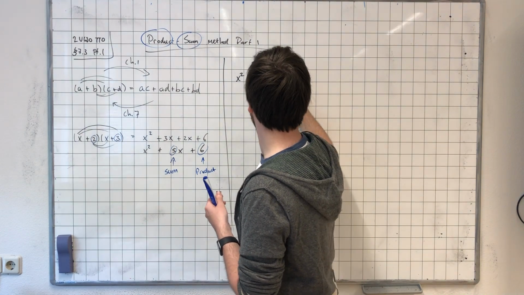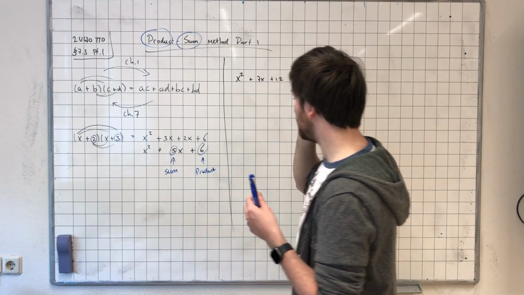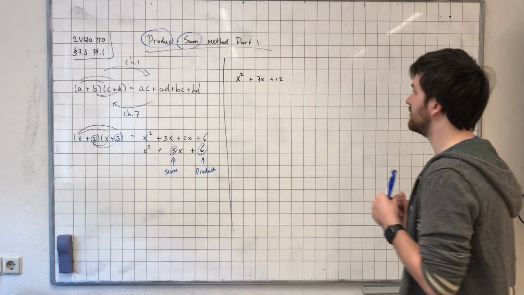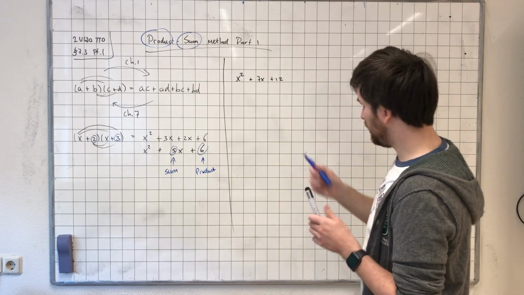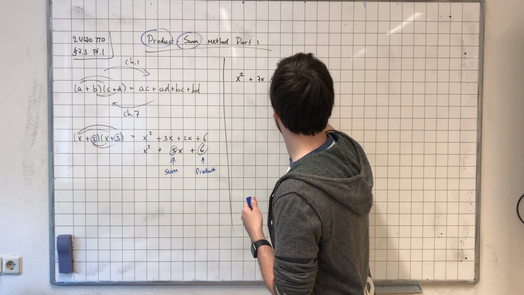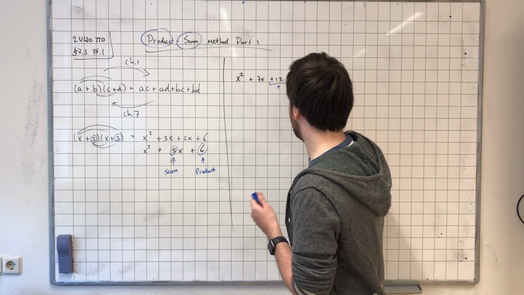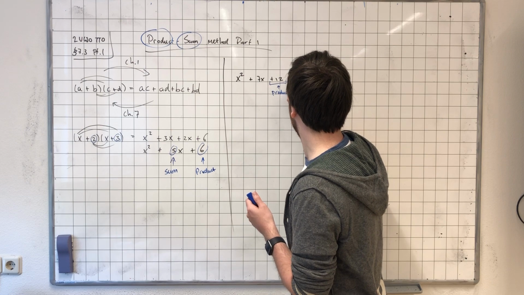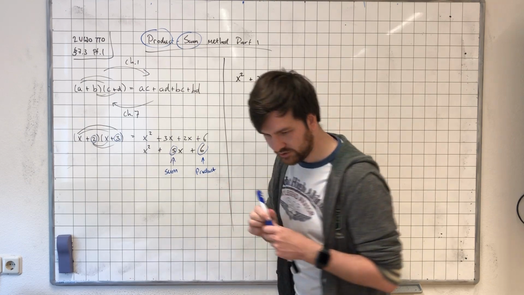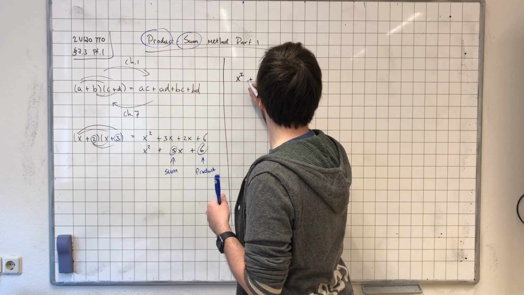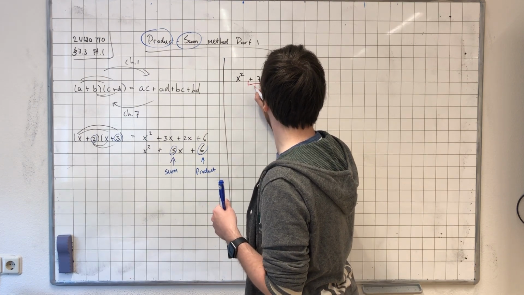And we want to write this with brackets. Well, then what's a sum and what is a product? The product is always a number on its own. It has nothing to do with letters. So this is the product. And let's use a second color as well. This is our sum.